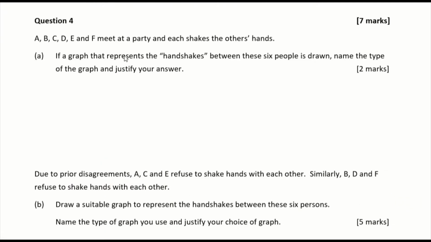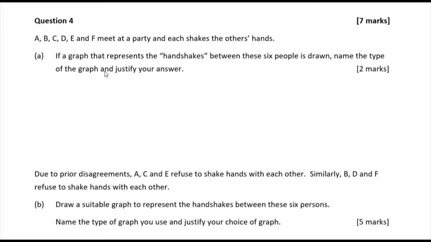Question 4. A, B, C, D, E, and F meet at a party and each shakes the other's hand. If a graph that represents the handshakes between the 6 people is drawn, name the type of graph that you have and justify your answer.